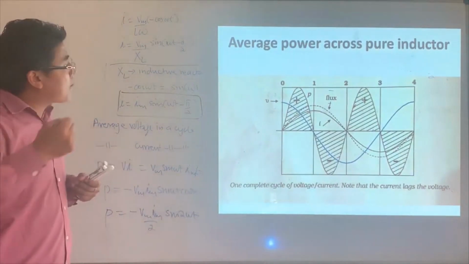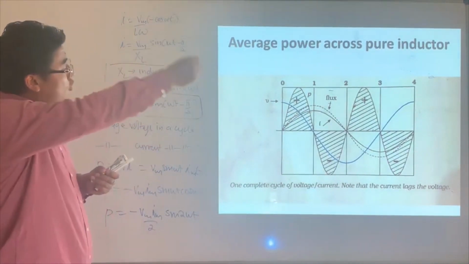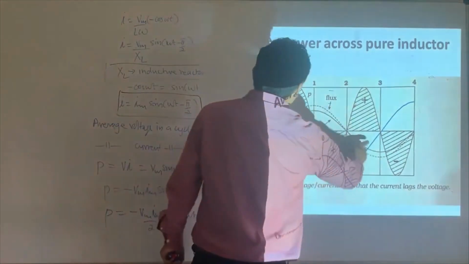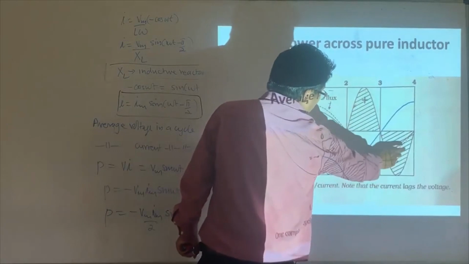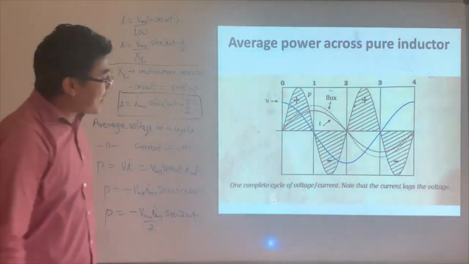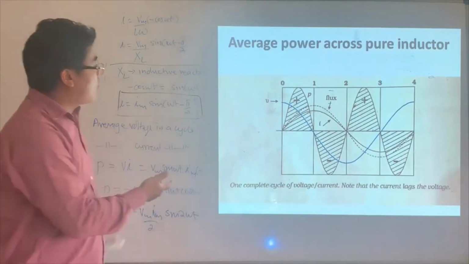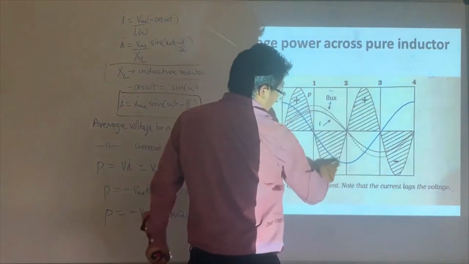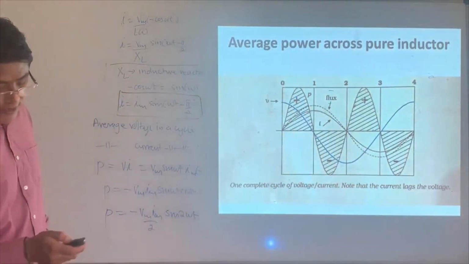Then voltage is positive, current is negative, and power is negative, meaning power is returned back to the source. So overall, plus and minus, power becomes 0.